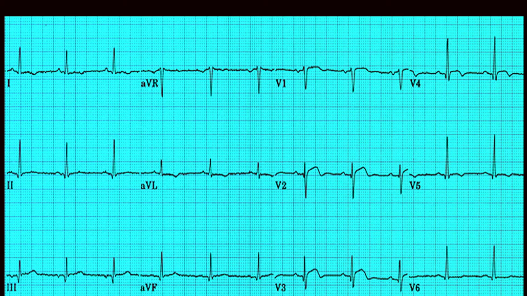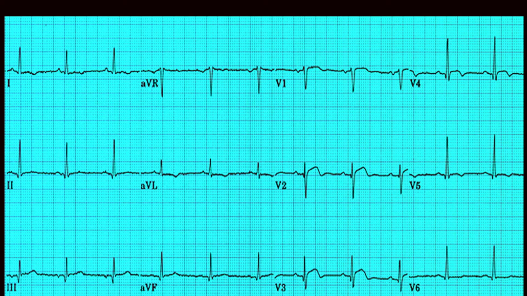Okay, so after the heart rate, we'll look at the rhythm. Is the rhythm sinus, normal sinus rhythm? Is it coming from the SA node, or is the rhythm arising from the atrium or the AV node or the ventricles? If the rhythm is arising from ventricles, there will be no P wave, or there might be a retrogradely conducted P wave.